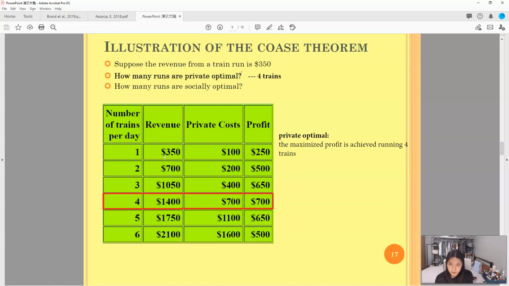From the firm's perspective, it wants to maximize its profit, which is the difference between the revenue and the private costs.